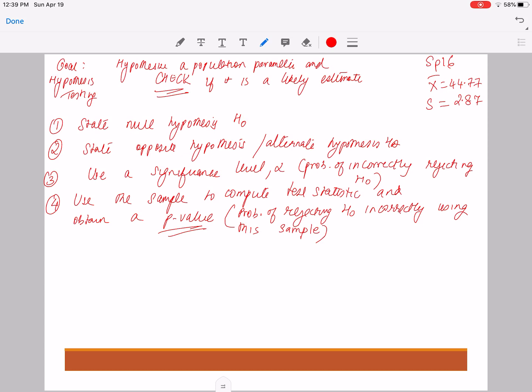Now you would like for this p-value to be less than alpha, because this alpha acts like a threshold, the maximum error that you can tolerate. If the p-value is less than alpha, then you can essentially safely reject the null hypothesis. However, if the p-value is greater than alpha, then you do not reject the null hypothesis.